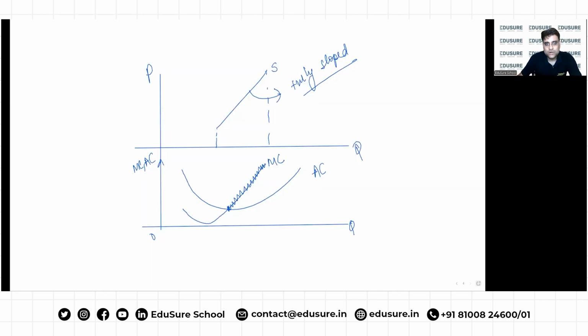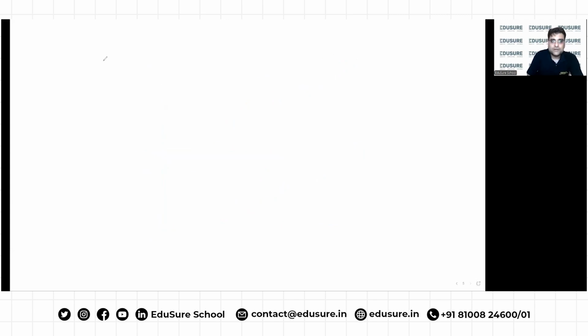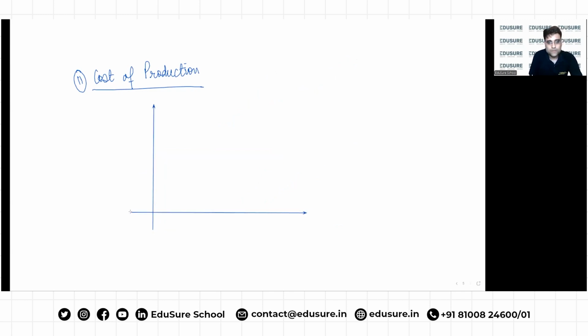If I were to show it on a whiteboard, cost. If this was the earlier supply curve, because of increases in the input cost, the new supply curve is shifting upwards.